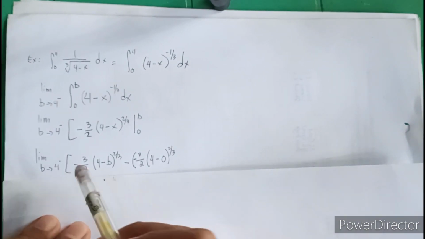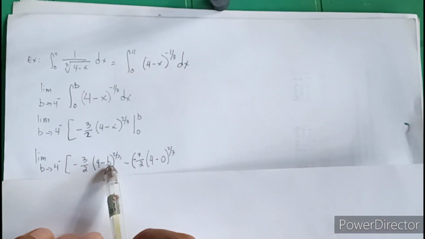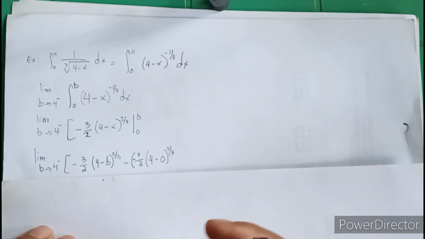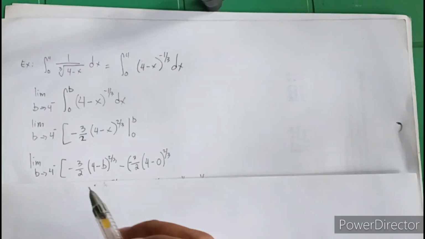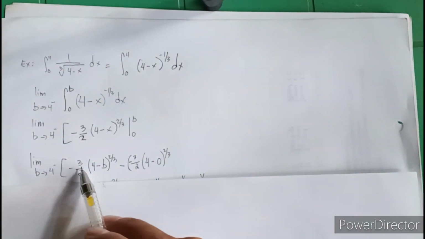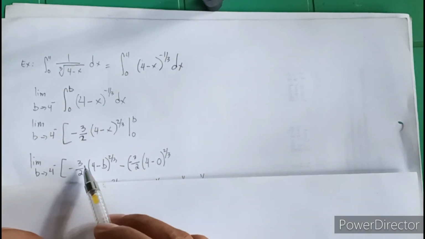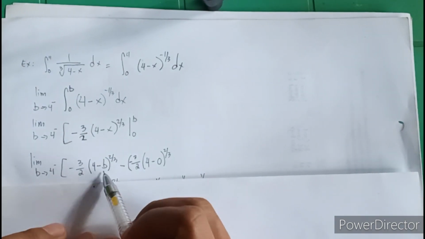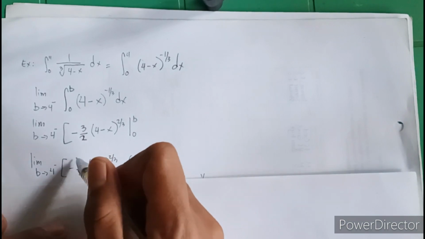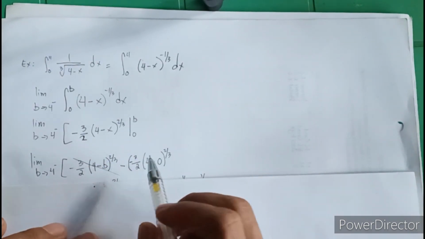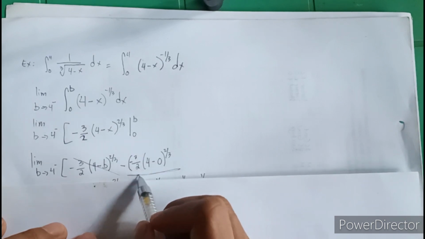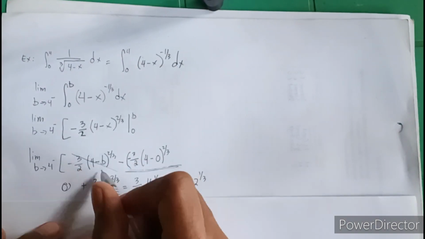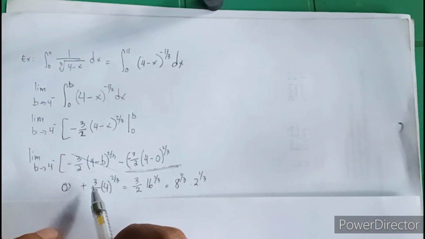As you can see, if we plug in b as it approaches 4, 4 minus b gives 0, and 0 raised to 2 thirds is 0. So we only need to focus on the lower limit, 0.